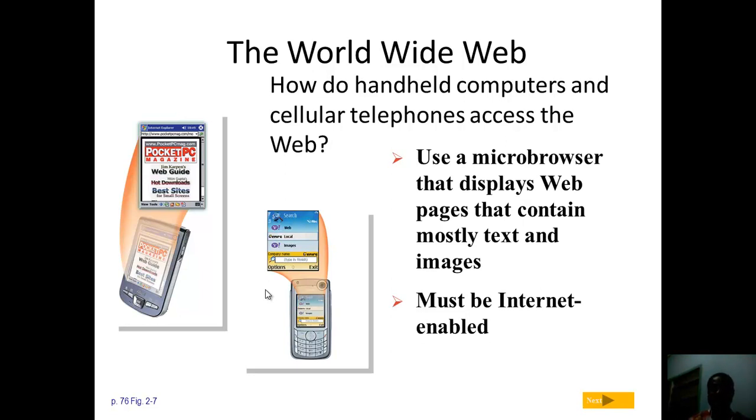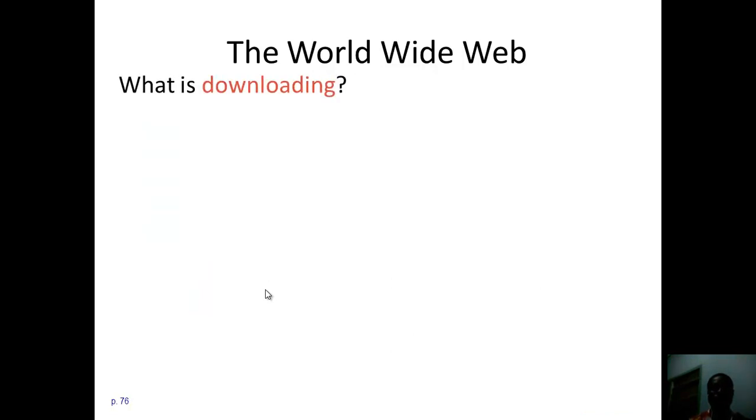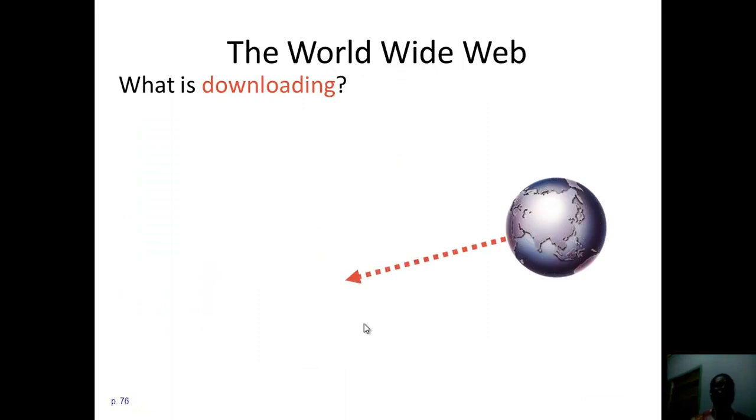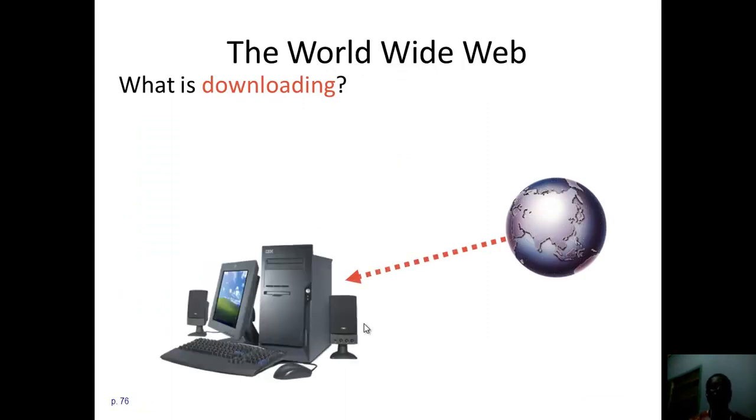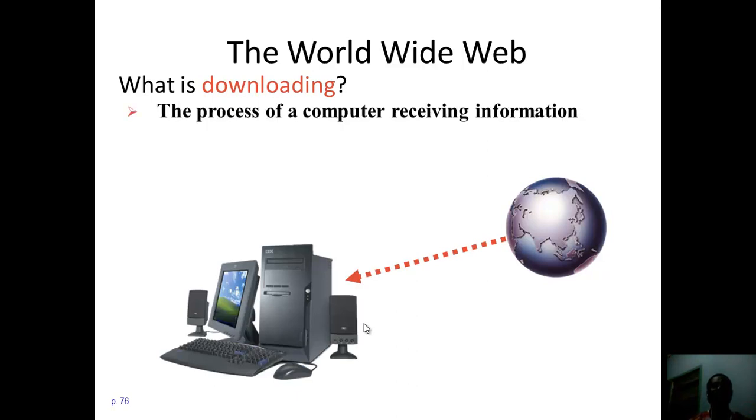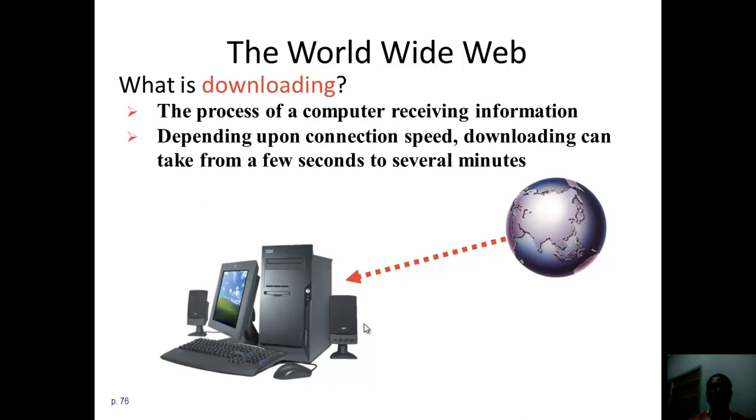The machines like computers and others have the full browsers. What is downloading? That's the process of fetching data from the internet onto your computer. When you are transferring from your computer to the internet, it is called uploading.